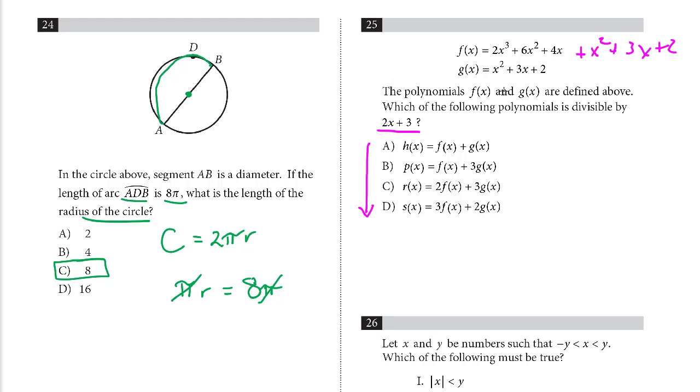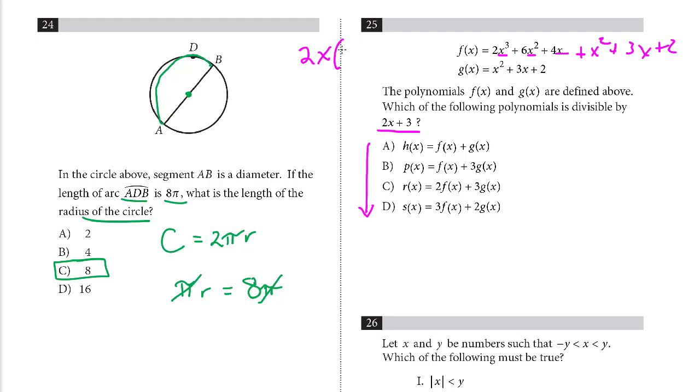What can I do? Well, the next thing I might try to do is factor these polynomials. And not just binomial factors, which I can see, they might have some of the same factors. I want to pull out common factors first. So out of f of x, I can pull out a 2, and actually I've got an x factor in every term of f of x, so I can pull out 2x.